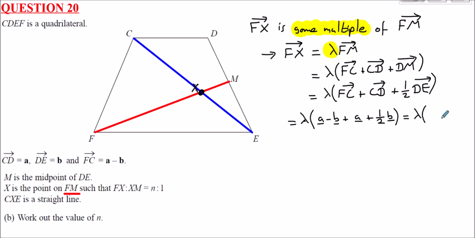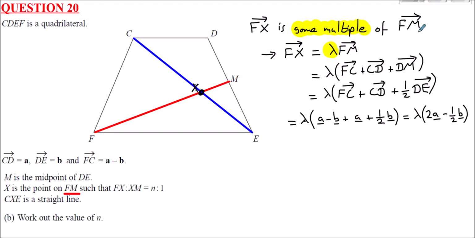A plus A is 2A. And minus B plus half of B is still minus half of B overall. And so that's what FX is.